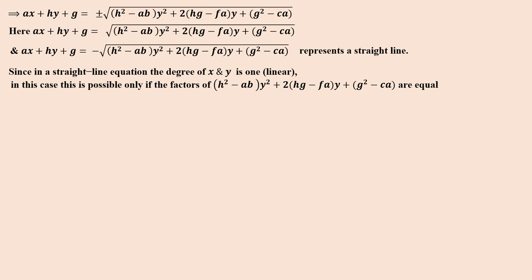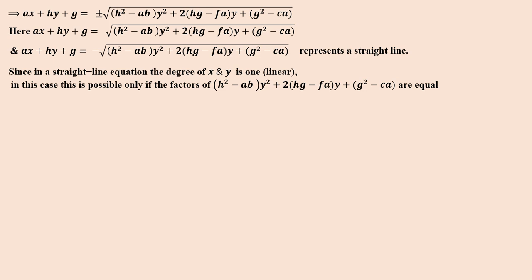Whenever you are factorizing the quadratic equation, you will get linear factors, right? If they are different factors, x minus a into x plus a, for example, then the equation becomes x square minus a square, right? x square minus 9 equal to 0 means x plus 3 into x minus 3, different factors. If it is different factors, then you will get a quadratic, right?